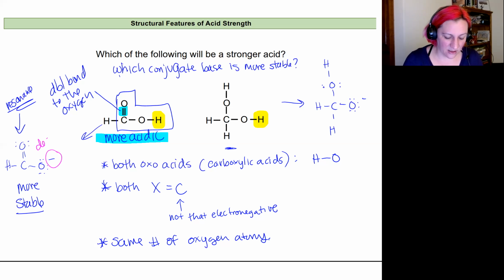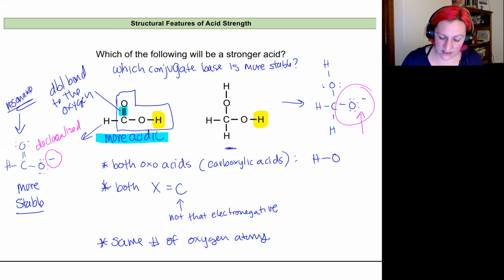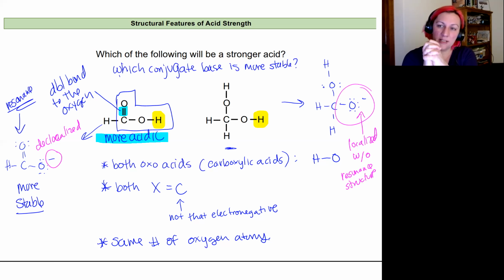So this is a delocalized formal charge that's spread out from that oxygen to the other oxygen. Whereas here, this formal charge is localized. There's no resonance structure. So all that negative charge is localized on that one oxygen.